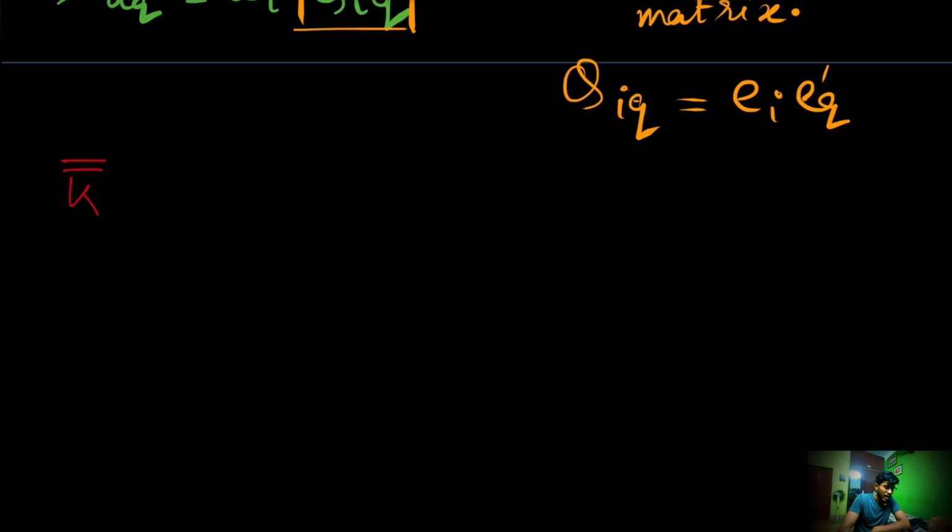If it was a third order tensor, then I would have denoted it as K triple overbar. So the number of overbars will denote here the order of the tensor. So this is actually written as Kij ei ej, this one.